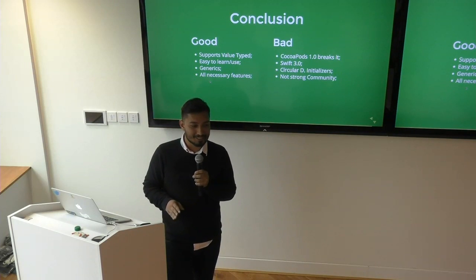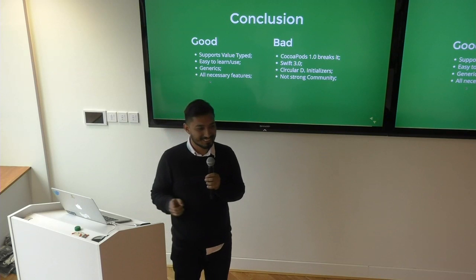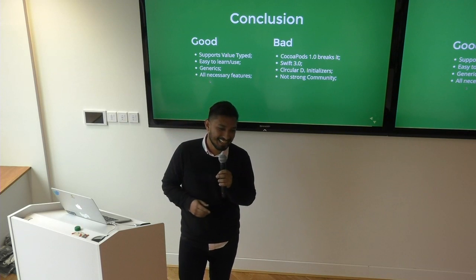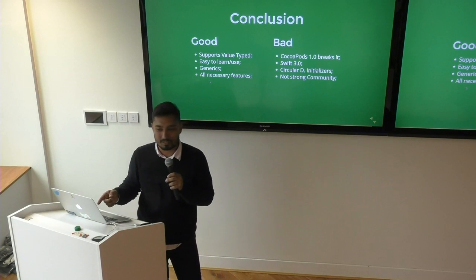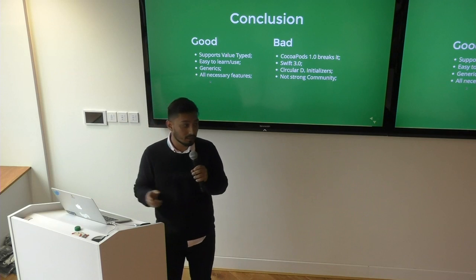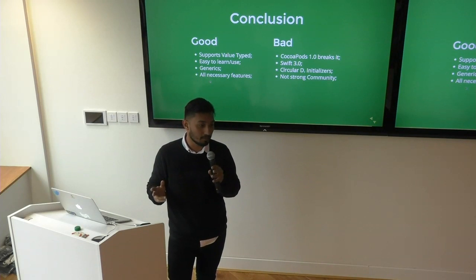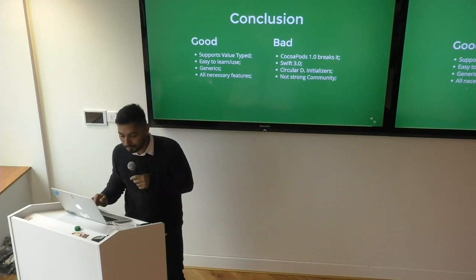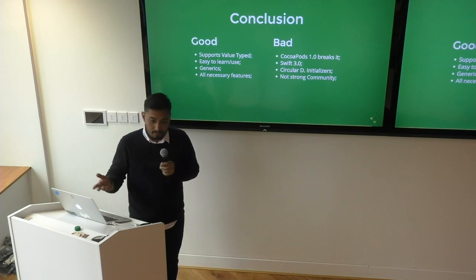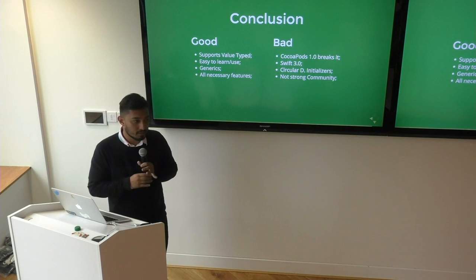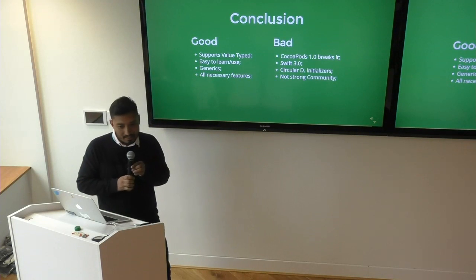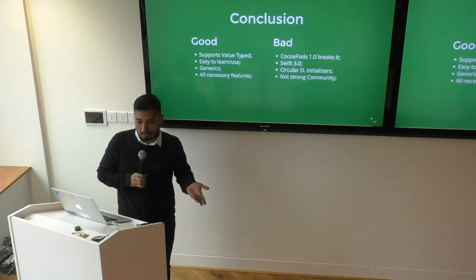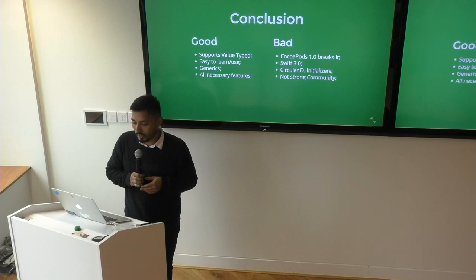So if something goes wrong, you'll see a crash. In Swift Inject, most of the things you're going to see at compile time. So if it runs, probably it's going to work. And another good thing is I didn't see anything that I need that it doesn't have. So it has all the features that I need.